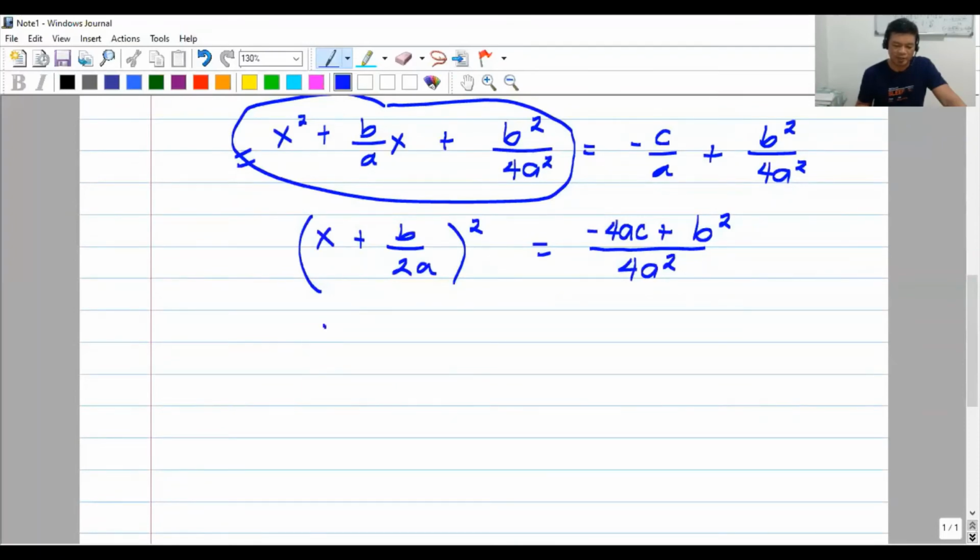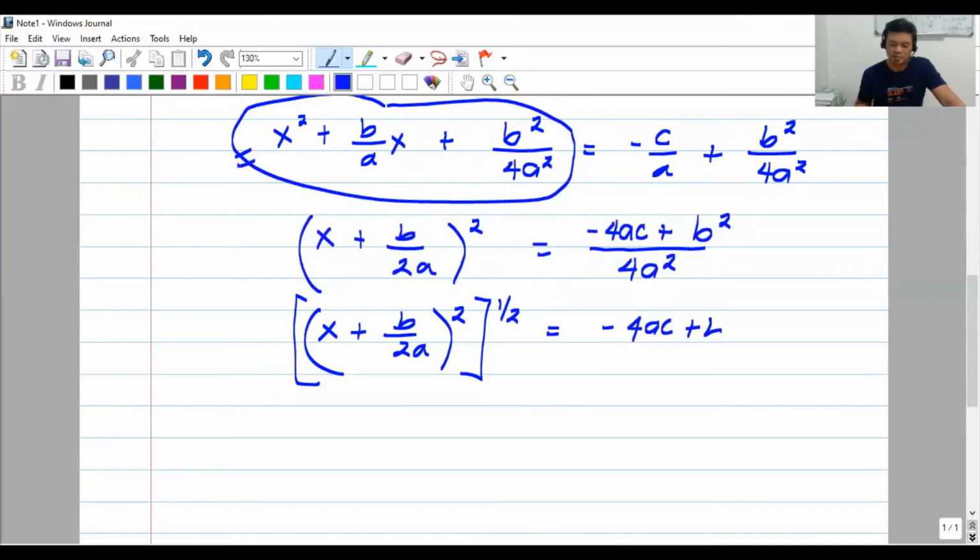So we have x plus b over 2a, quantity to the second power, raised to 1/2 is equal to negative 4ac plus b squared over 4a squared, quantity raised to 1/2. Okay, so we raise both sides of the equation by 1/2, so nothing changed. So multiply exponent to exponent. We have 2 times 1/2 is equal to 1.